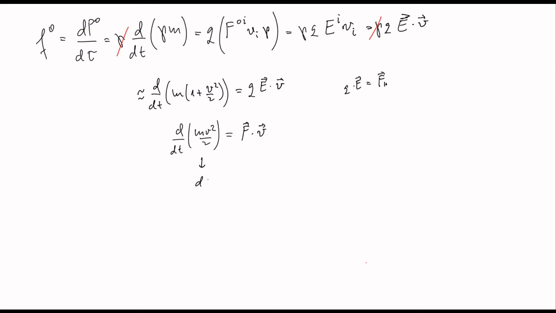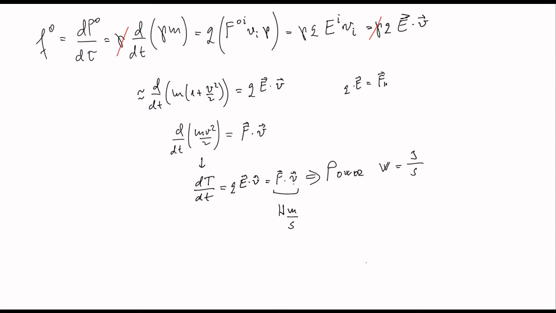So if this is energy, let's say T is the kinetic energy, the change in time of this energy is proportional to qE dot V, which is just this force times V, and this is nothing else than power, right? So watts are joules per second or Newton meters per second, and you can also read that from here. This is Newton, V is meters per second.